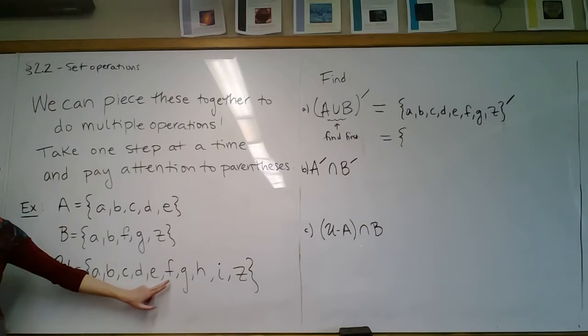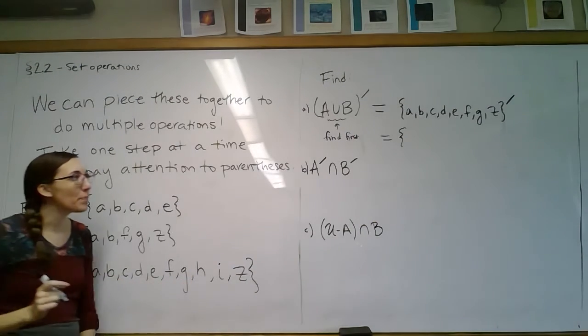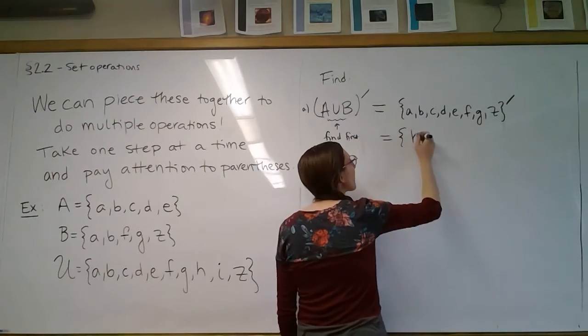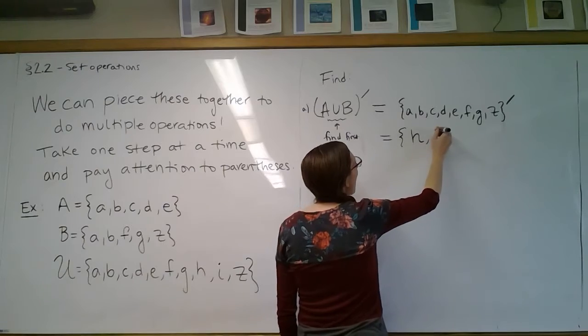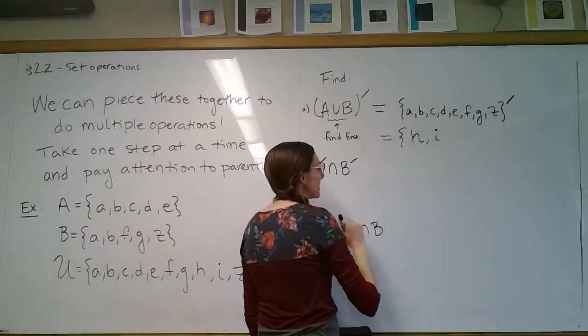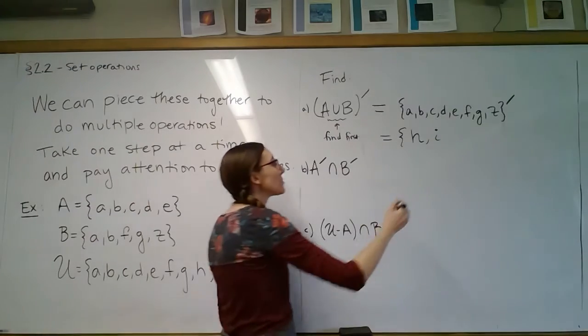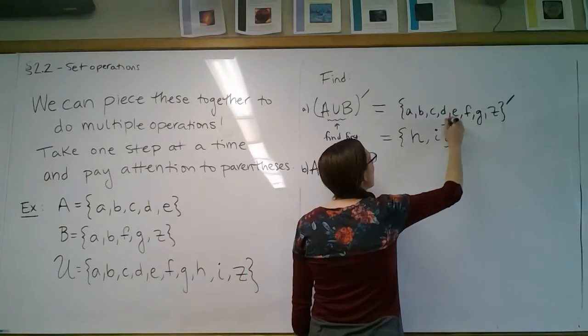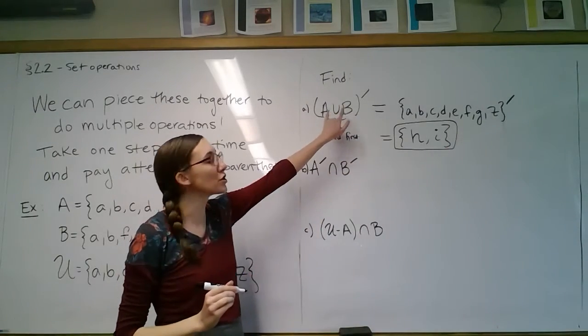We're also going to get rid of F and G. We're going to keep H, because H is not in this set. And we're going to keep I, because I is not in this set. But we're not going to keep Z, because it is up there. So all we're left with is H and I.